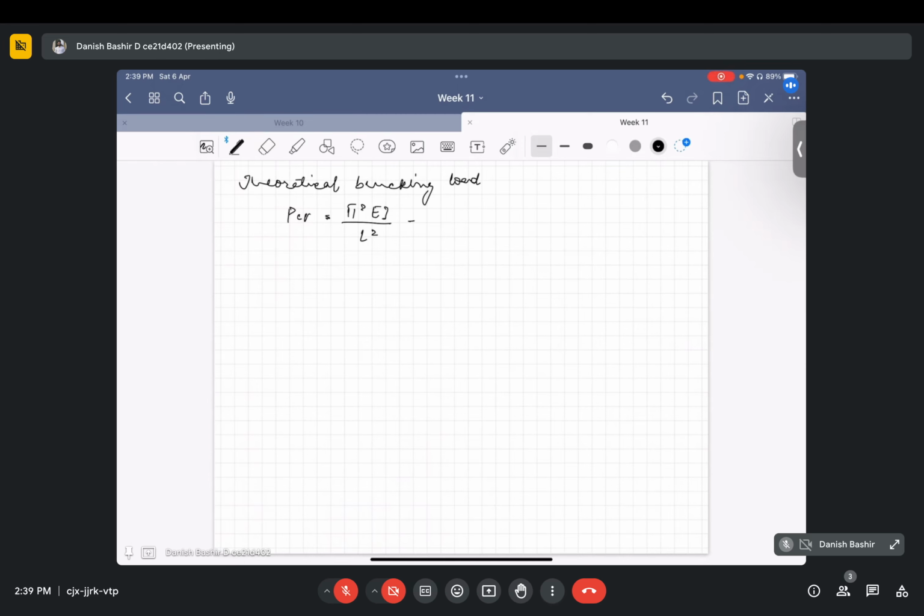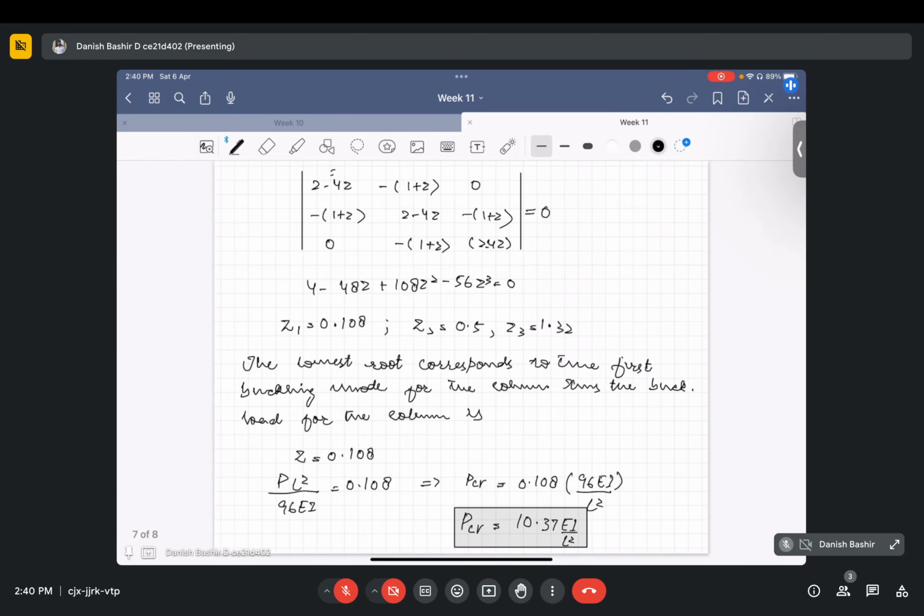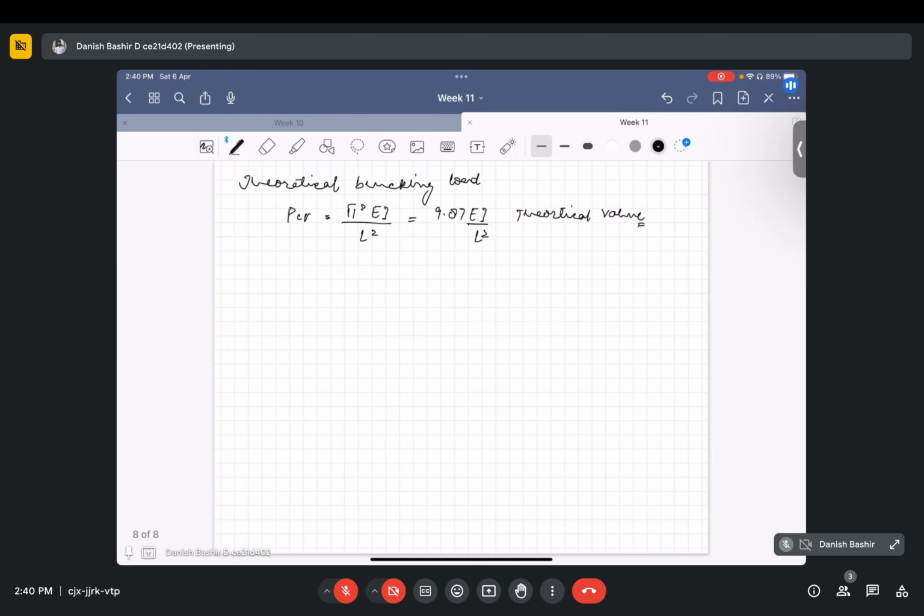Pi square is actually equal to 9.87 EI by L square. This is the theoretical value. So this is very close: theoretically we got 9.87, and with finite element we got 10.37. So there is a little bit of error, and this error will be minimized.